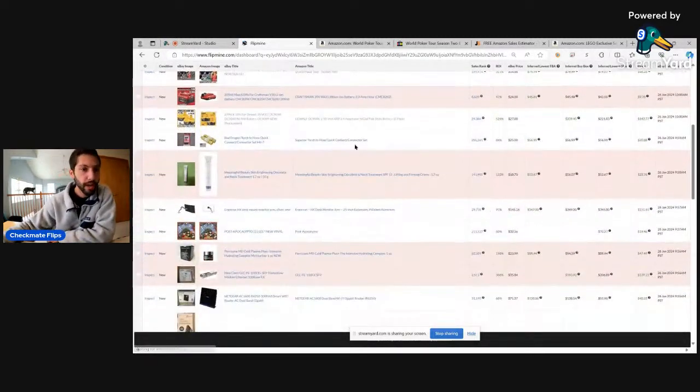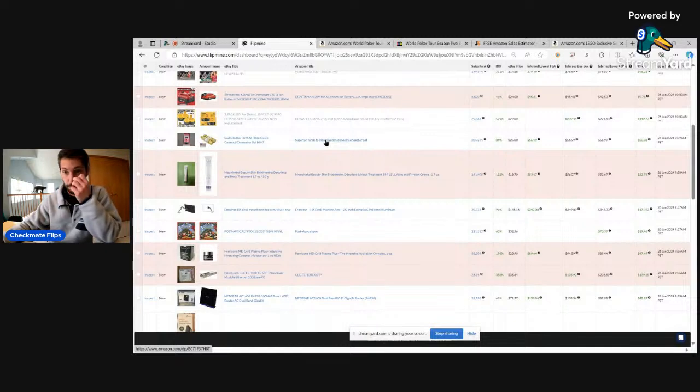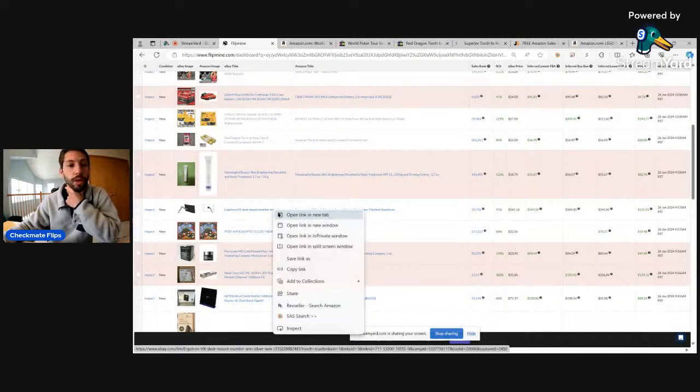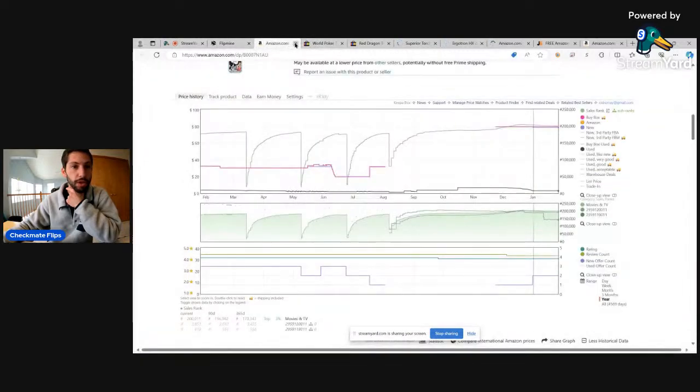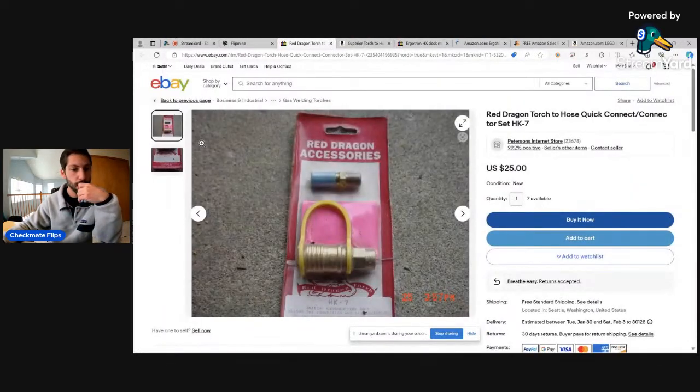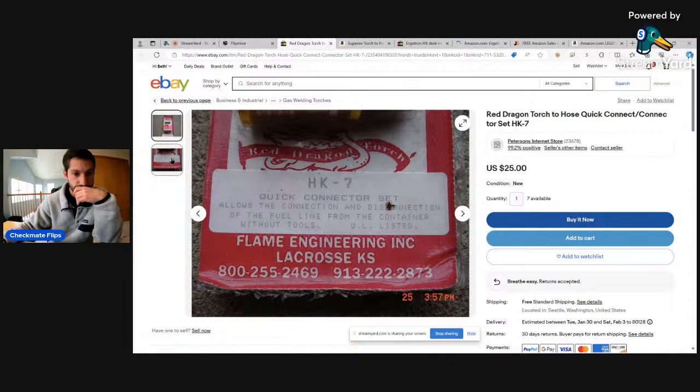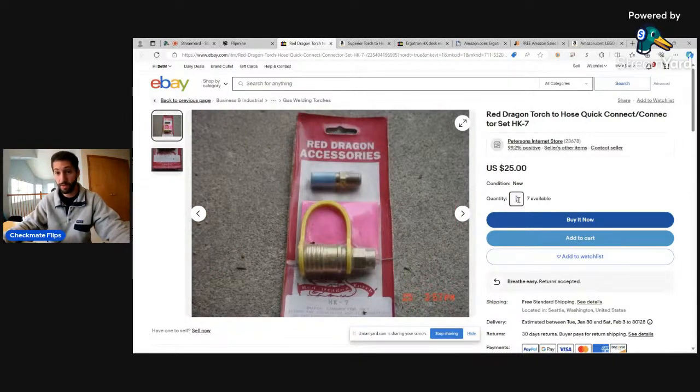Okay, so we're going to dig in here a little bit. This could be something. And I think I've actually looked at similar stuff to this, but we'll take a look at them in a second. Okay, so this is some tool industrial thing, and they have 7.